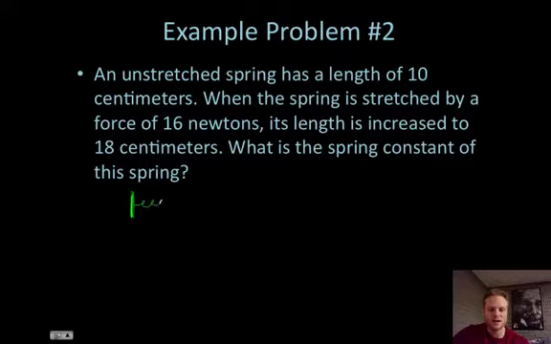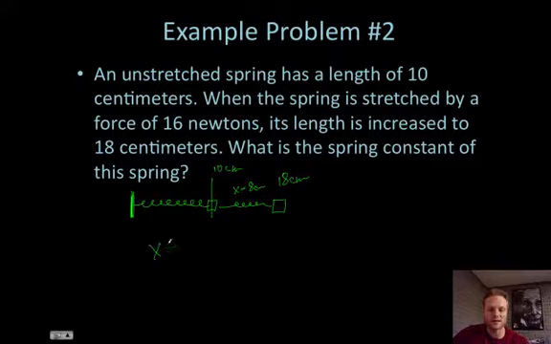And so here's this spring with a box on it. And basically what they're saying has happened is at this point, this would be 10 centimeters from the wall. And someone decided to stretch this spring an extra 8 centimeters to bring it out to 18 centimeters. So my x here is actually going to equal 8 centimeters.